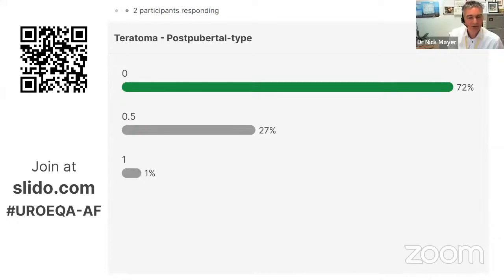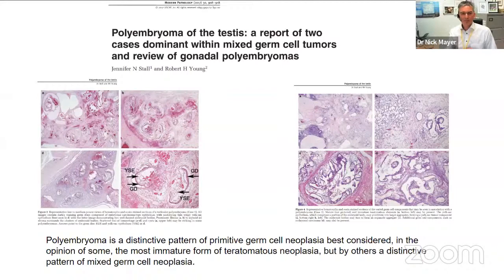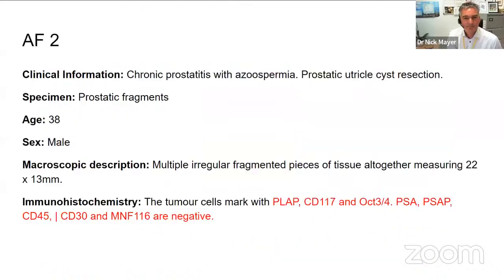We're looking for what's an acceptable answer based on the merits of the specific case. So we'll move on from that one. For those of you that are interested in polyembryoma and the various patterns, there's a very nice review paper here by Robert Young from a few years ago. But I don't think this is of actual clinical relevance, thankfully.